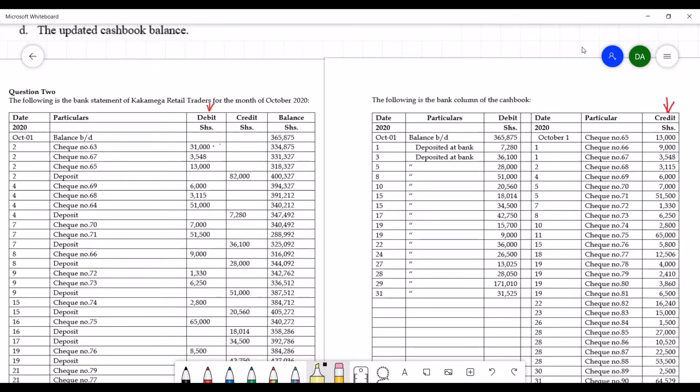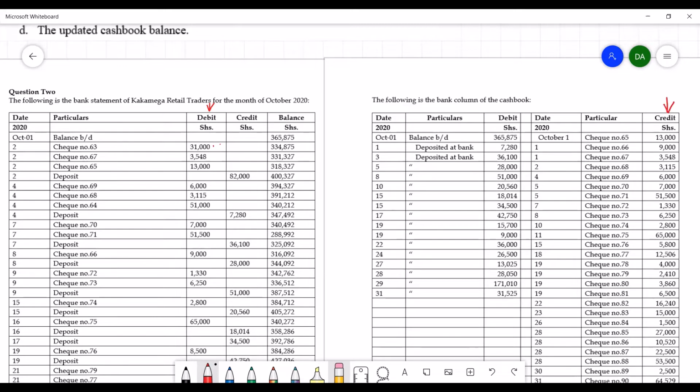Check number 63 does not appear in the cash book, but it appears in the bank. Therefore, it is an unpresented check which was there at the beginning of the period, and it has cleared during that period. Therefore, we need to take that as unpresented because it only appears in the bank statement, but not in the cash book, meaning it was not there in the cash book during the period of bank reconciliation.